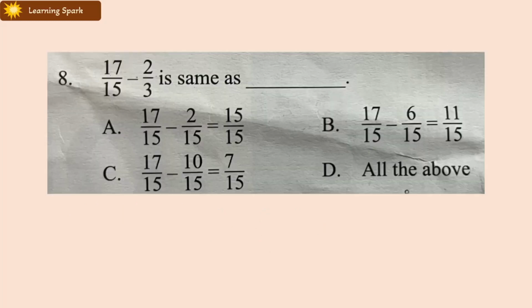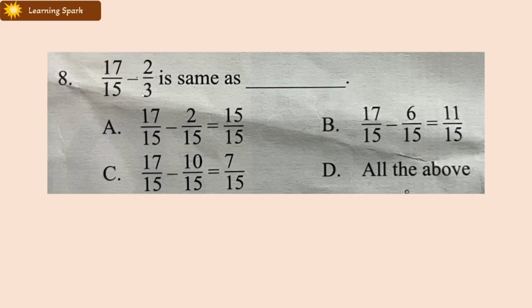Question number 8 is on your screen. So let's solve this now. It says that 17 by 15 minus 2 by 3 is the same as dash, right? As you can see, this is a subtraction of fractions.